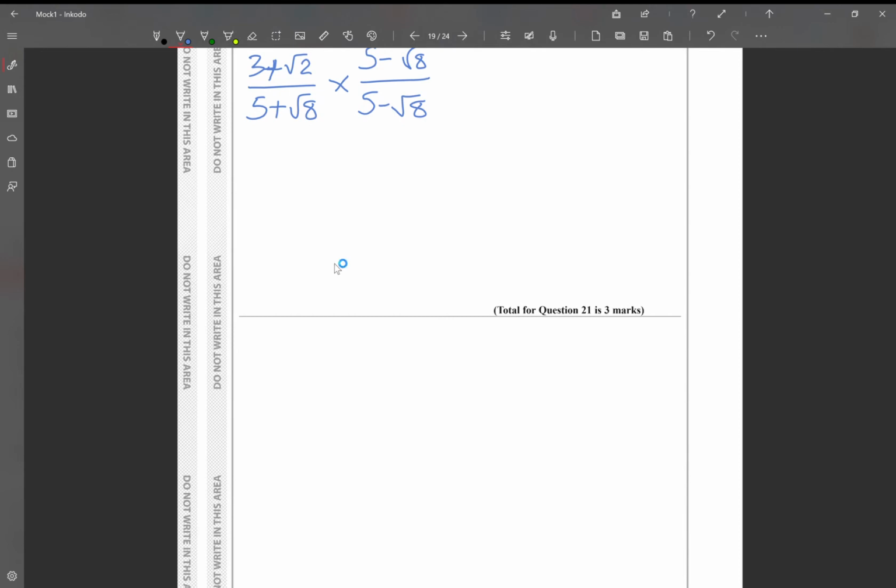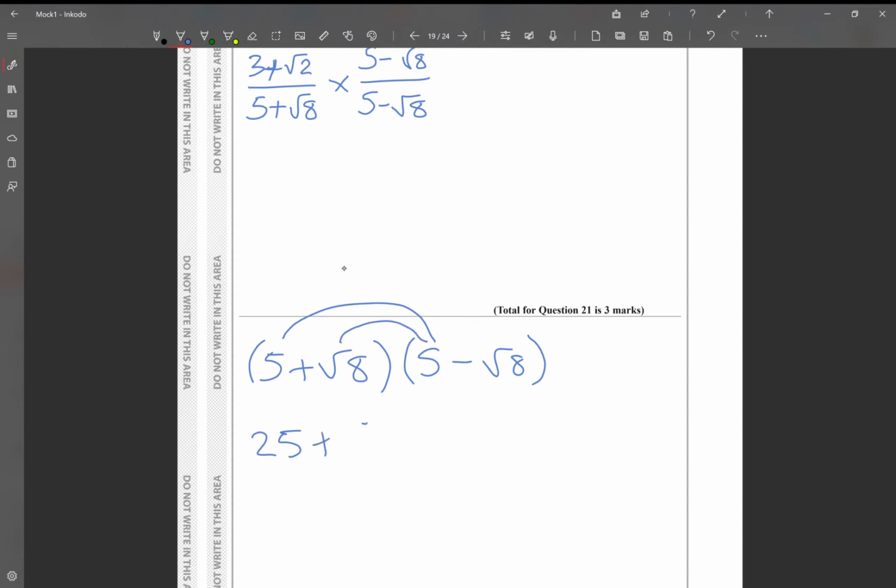If I times and then times it by, I'll just show you some working on here. So 5 times 5, 25. Then you do root 8 times 5, so add 5 root 8.